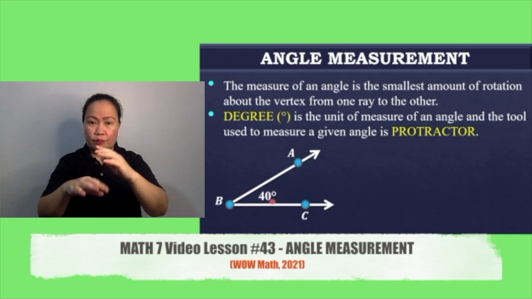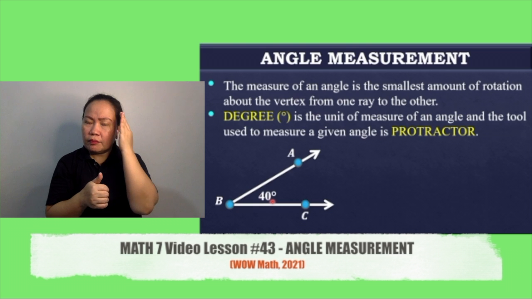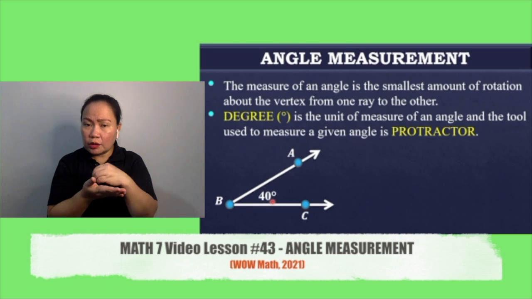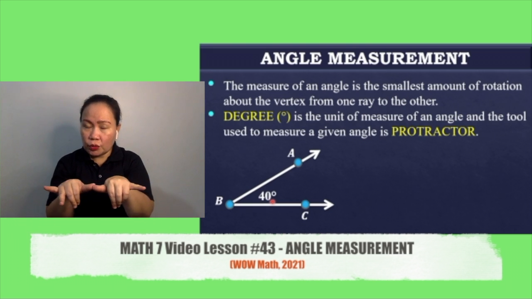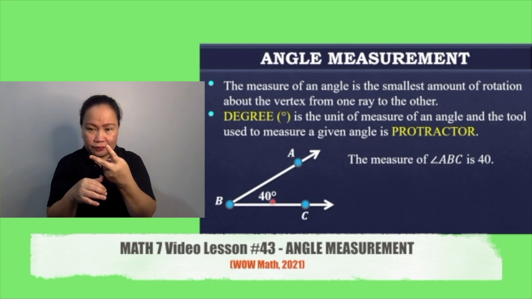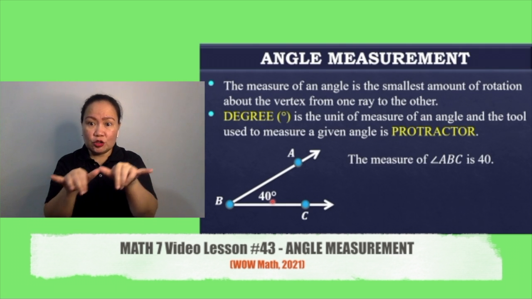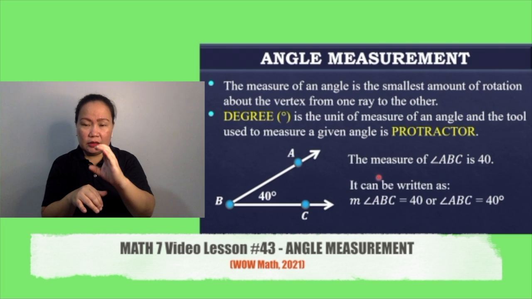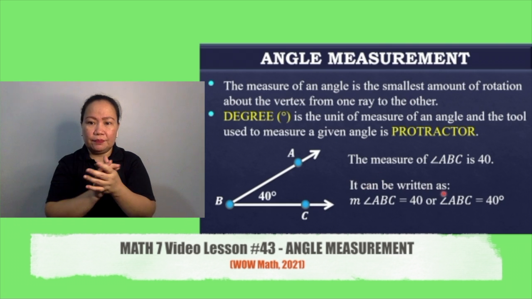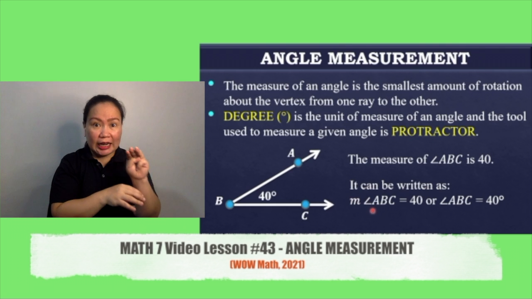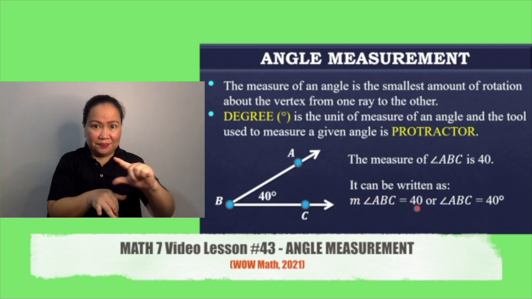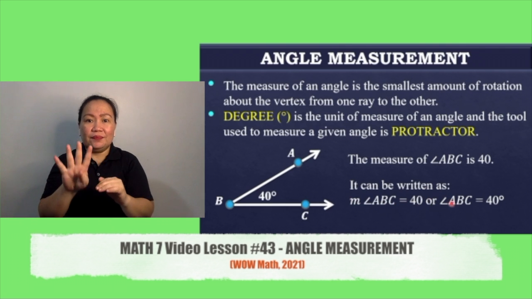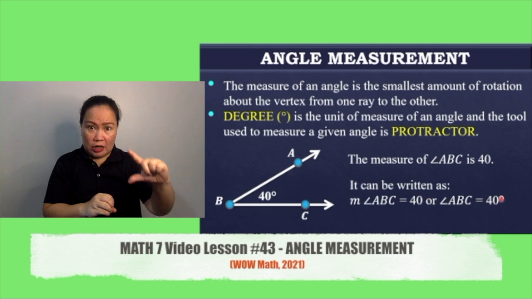Paano natin isusulat yung measure ng angle? The measure of angle ABC is 40. It can be written as the measure of angle ABC is equal to 40, or angle ABC is equal to 40 degrees.